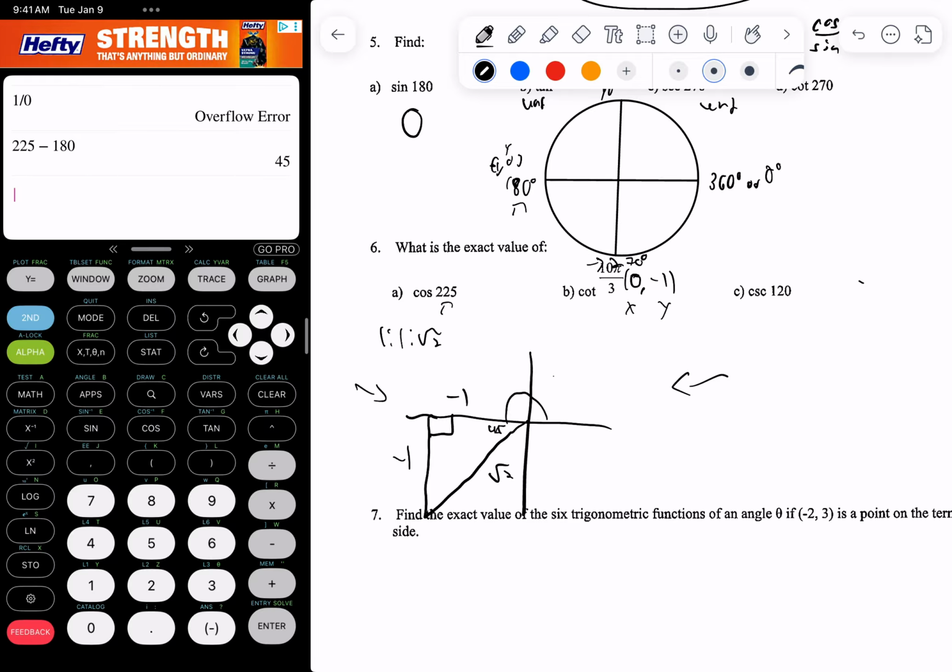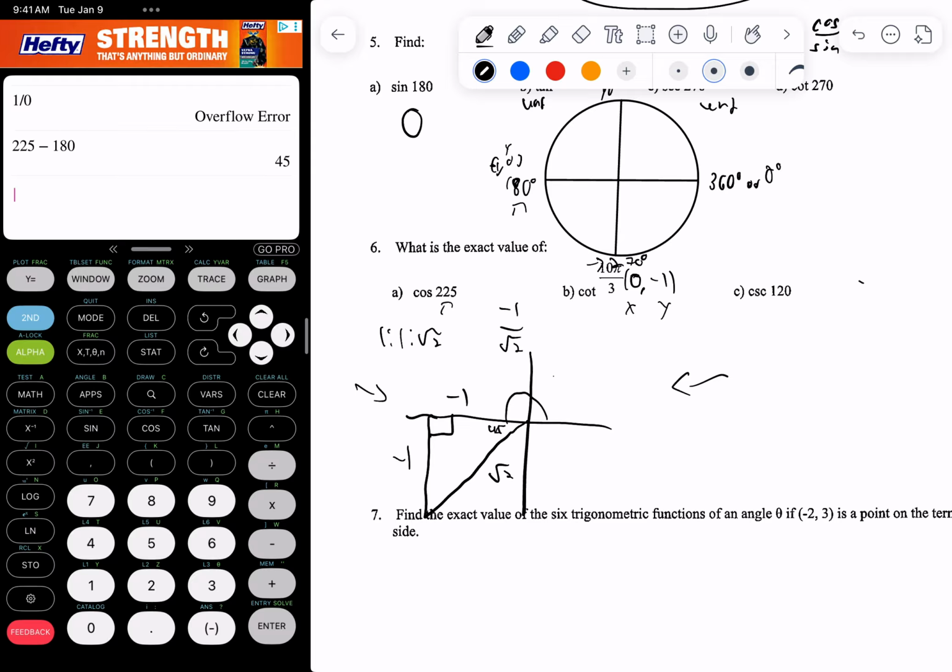And so then what you would do is, since cosine is adjacent over hypotenuse from SOHCAHTOA, you'd have -1 over rad 2.